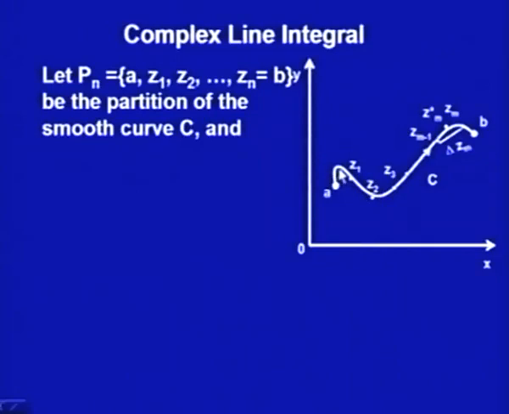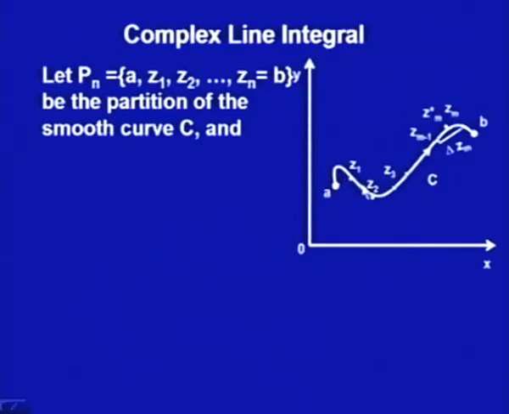In what manner do we take these points? Any simple arc or curve we define with the parametric representation, that is, z equals z of t. So for these points, z1, z2 and so on, A is equal to z0.